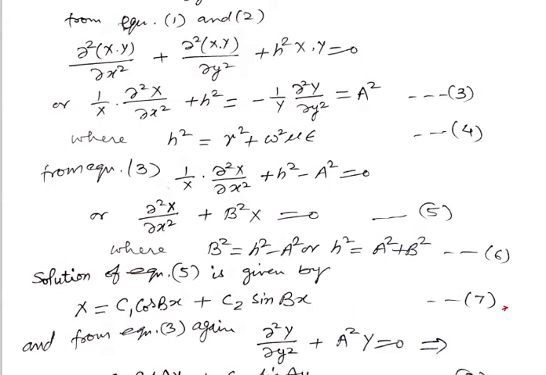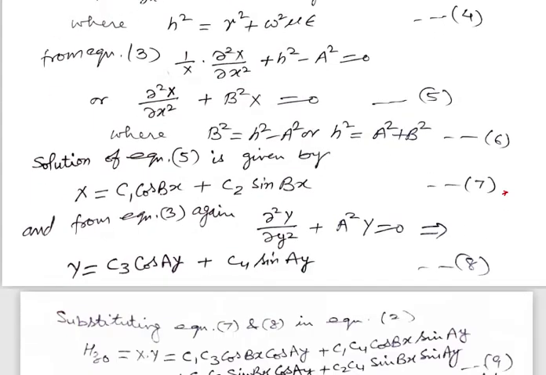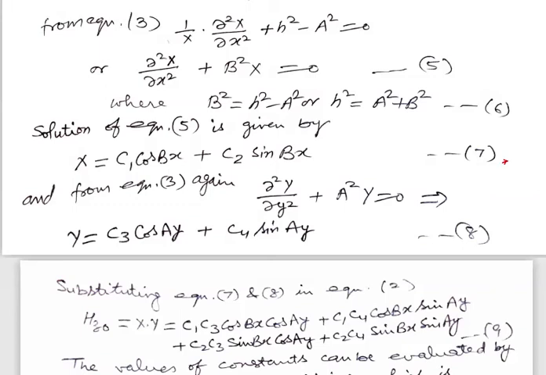Since h square and a square both are constants, we assume a new constant b square in place of it, and therefore h square will also be given by a square plus b square as shown in equation number 6. Now equation number 5 is a second order differential equation, so its solution will be given by X equal to c1 cos bx plus c2 sin bx.